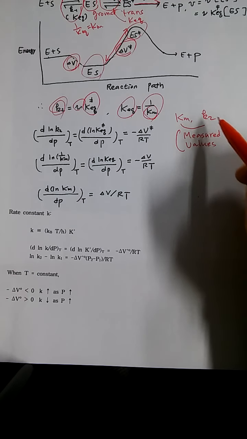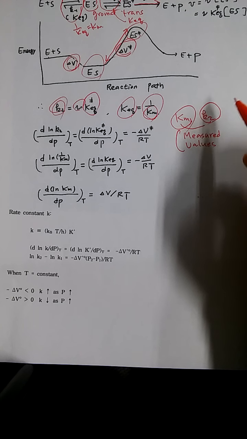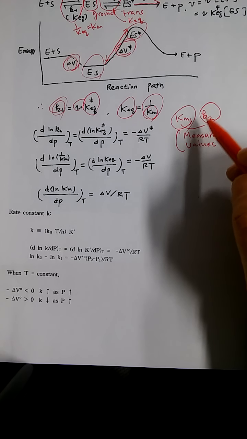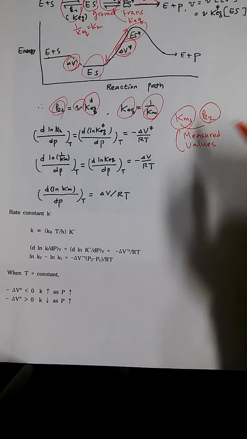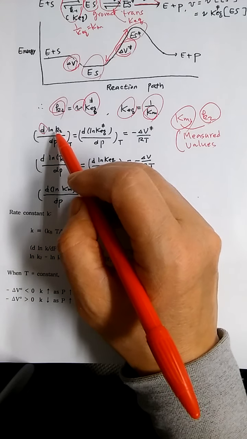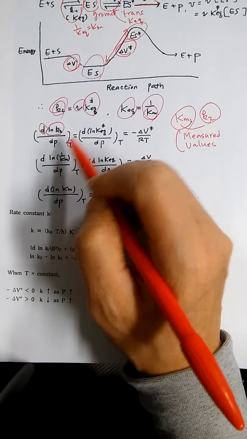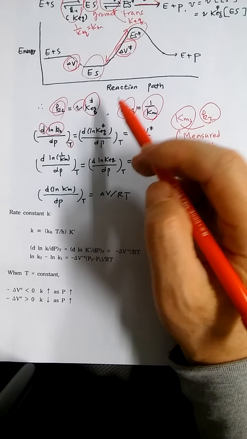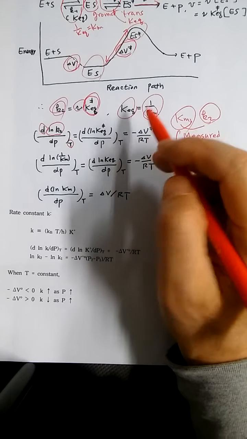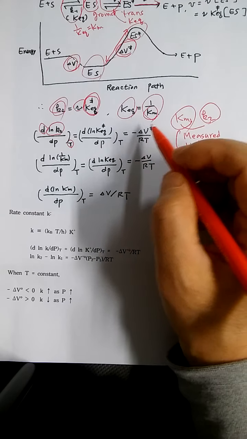So what we can do is measure the K2 value and Km value in solutions at different pressure values. Then d log K2 over dP at constant temperature is equal to d ln K equilibrium star over dP, which is the same as negative delta V star over RT.